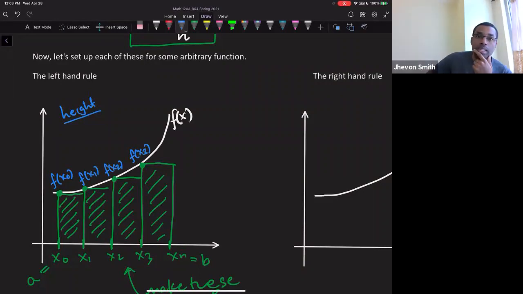And you might notice in this case, for this function, if we want to actually find the area under the curve, what I'm saying here is not general.